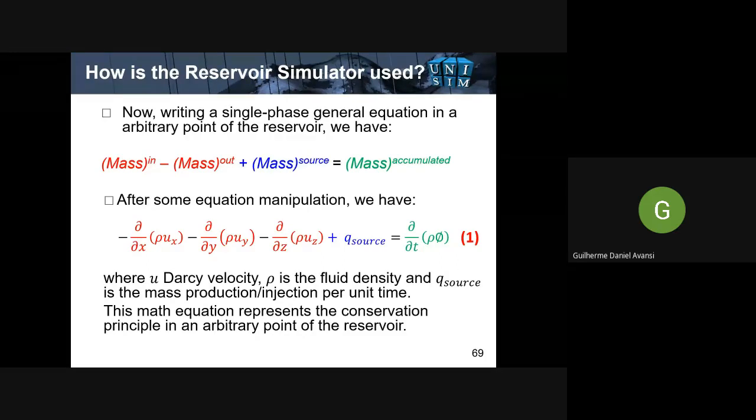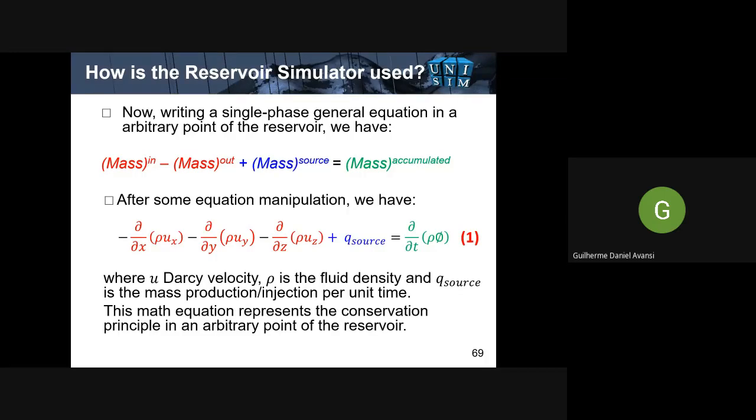So just building one equation about this mass in. So this part is related to the mass that is passing through this grid cell, then the source that I'm calling here the q source. The q is the flow, and here is the mass that is accumulated in the cell. And this is just to remember, we'll see a lot in detail.